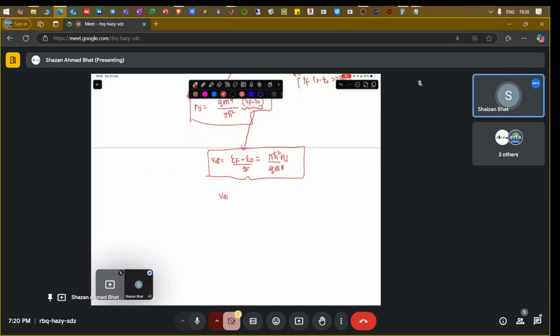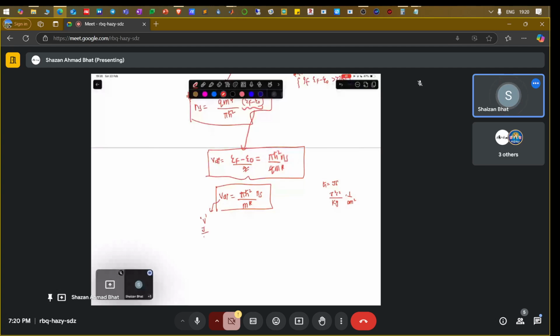VDI can be written as pi h bar square and s divided by m star. Does it make sense? H bar has the units of joules second. It will be joule square, second square, kilogram. This will be 1 per centimeter square. So VDI has to be volt, or it is basically joule per coulomb.